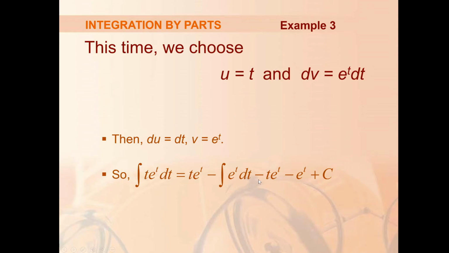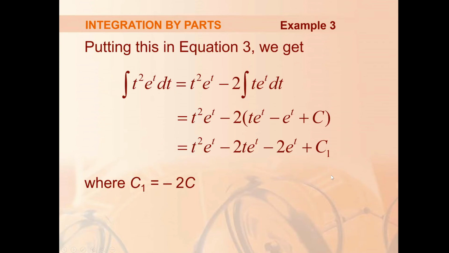This one's supposed to be an equal sign here, sorry about that. The one that I'm pointing at right here. So this is equal to t e to the power of t minus e to the power of t plus c. And then we just plug back into the previous setup here.